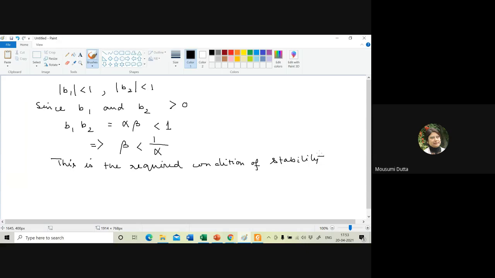And this gives the condition beta less than 1 by alpha. So this is the required condition of stability in the Samuelson's framework. So these few sentences you should add before coming to roots are real, roots are complex conjugates, etc. Okay?